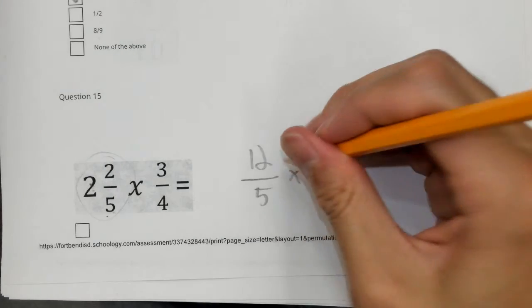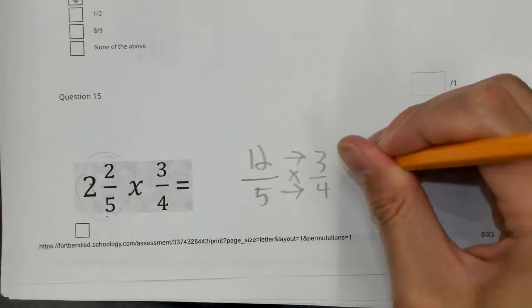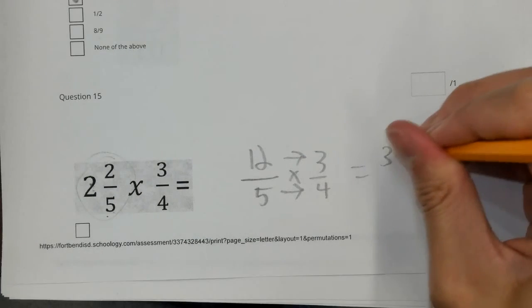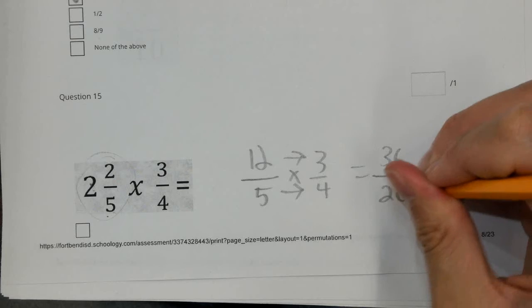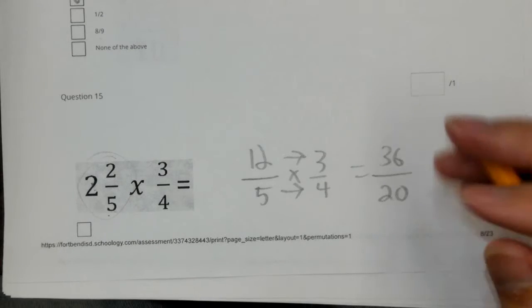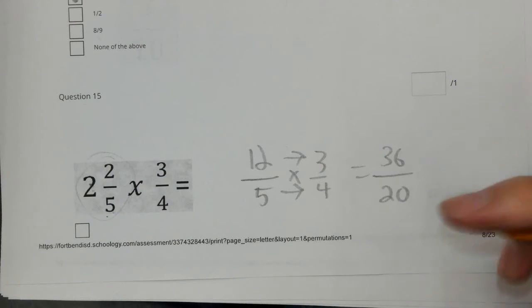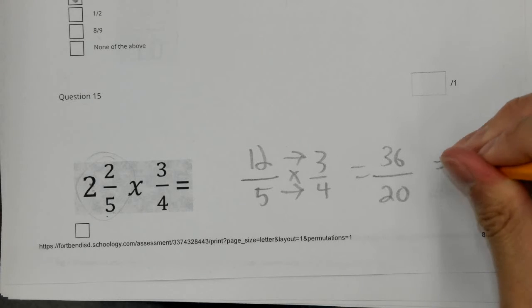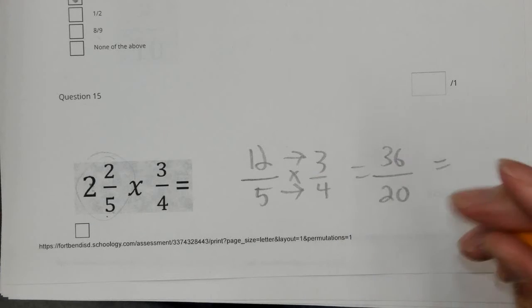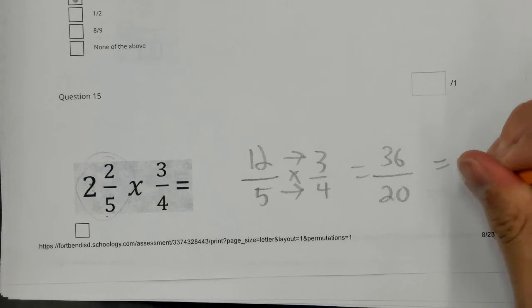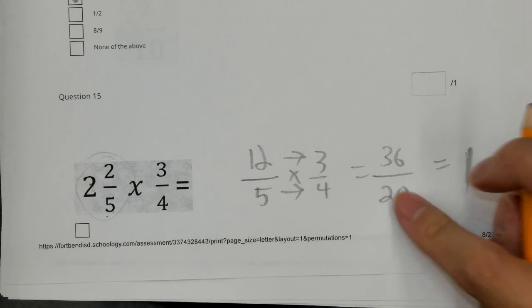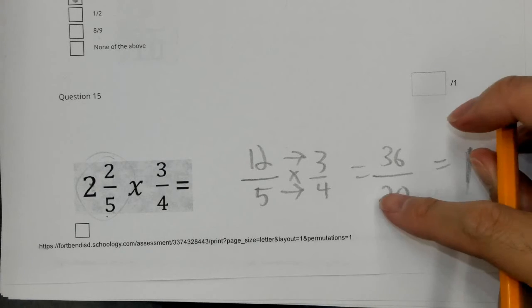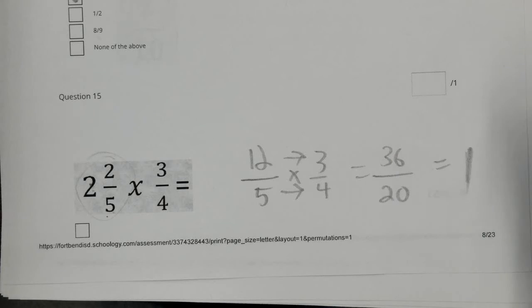Now I can do my multiplication. Just multiply across. 12 times 3 is 36. 5 times 4 is 20. Alright, well, 20 can go into 36 one time. Remember, this is an improper fraction. I need to turn it back into a mixed number for my final answer. So 1, and then 20 goes into 36 one time, and I have 16 left over. 16 over 20.